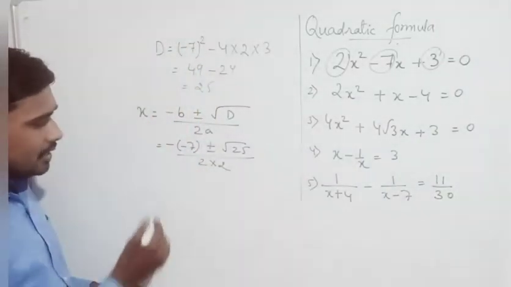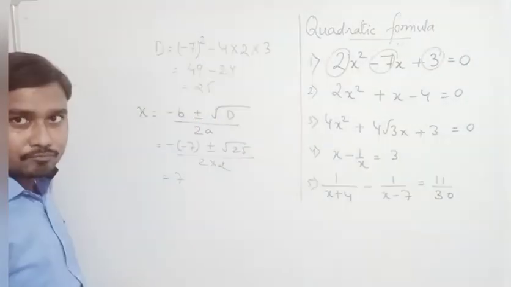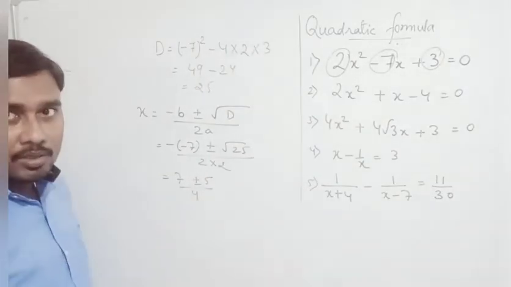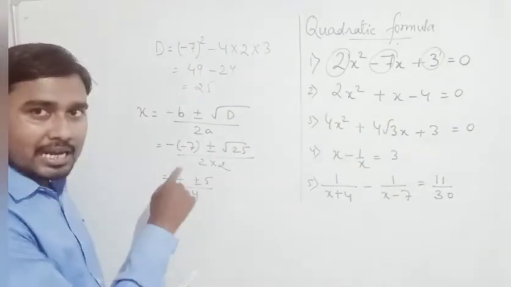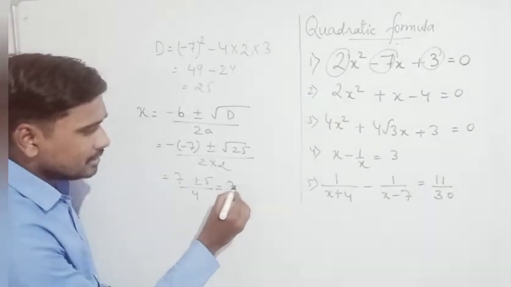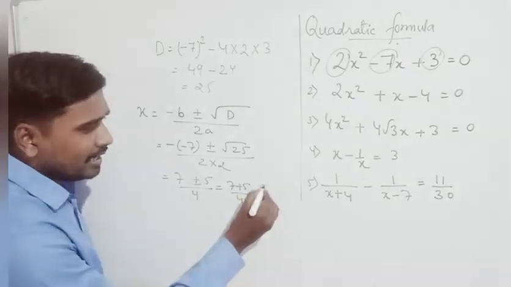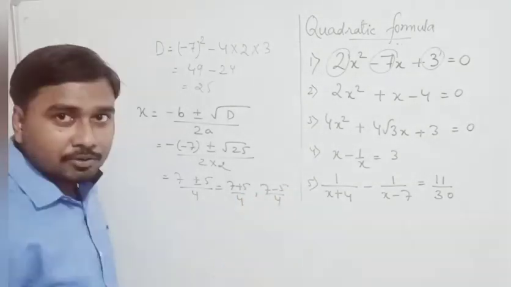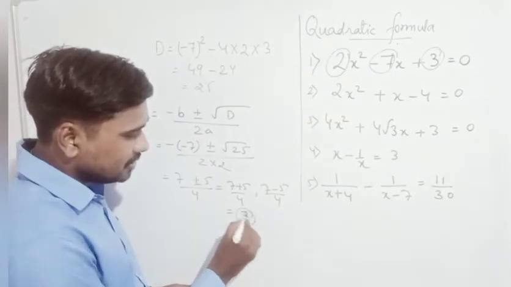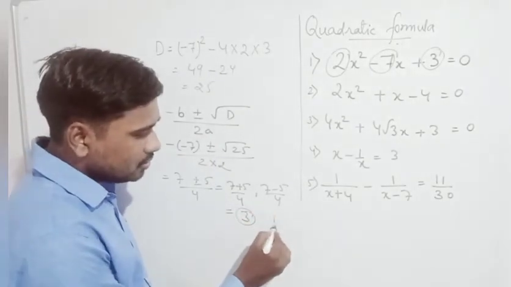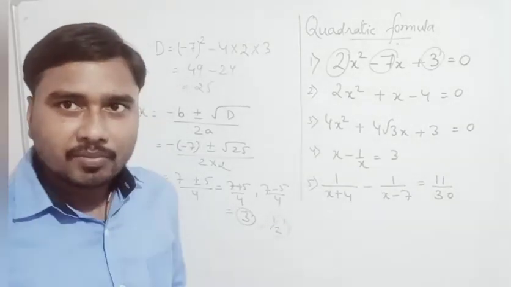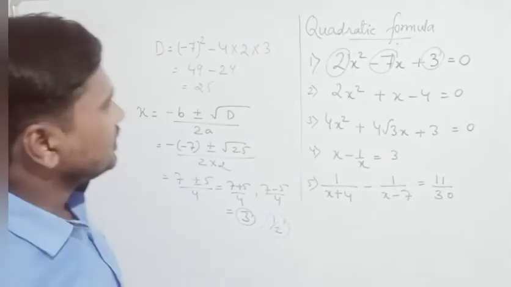Now solve this part, it will be 7 plus minus 5 by 4. So one time 5 will be added to 7 and one time it will be subtracted. That means 7 plus 5 by 4 and 7 minus 5 by 4. Clear? 12 by 4, that is 3, is the first answer, and 2 by 4, so 1 by 2 is the second answer. Clear? Okay, so we will solve the next question.